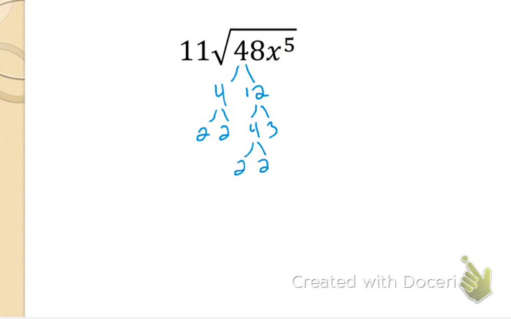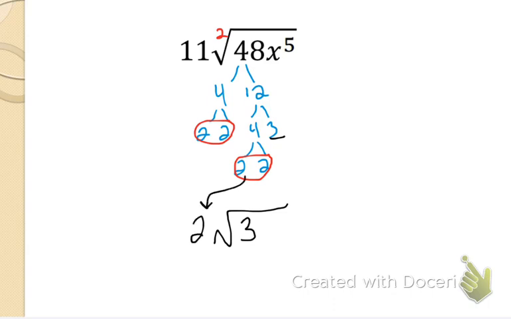We're dealing with the square root, so we put them in pairs of 2's, pairs of 2's. What did not get paired, which in this case was a 3, goes inside the radical. So for now, I'm going to write this quantity once, this quantity once. Do not forget the 11 that is outside to begin with.